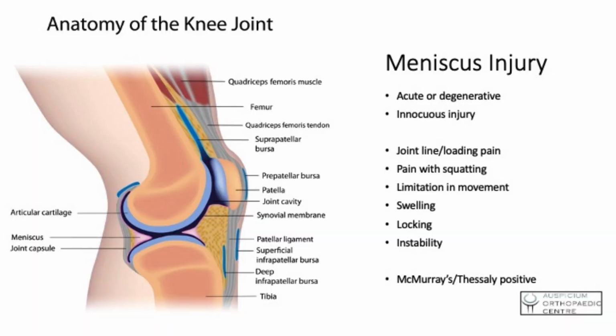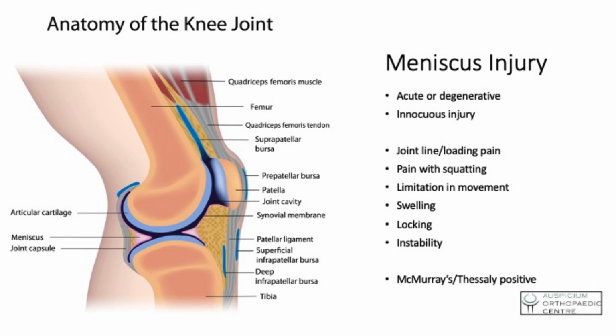In keeping with pathologies in the knee, let's consider the meniscus as well. Quite often, the trauma to a meniscus can be quite innocuous, and it could be an acute or degenerative process that's underlying. Often, patients may report instability, swelling, locking to the knee, and sometimes issues with going up and down stairs.